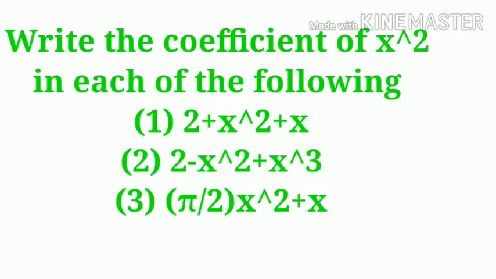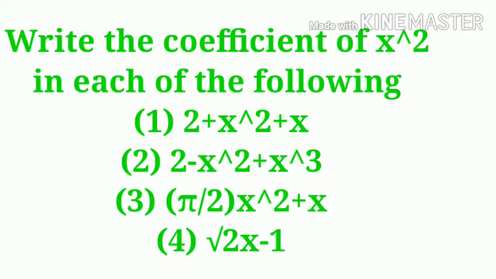Write the coefficient of x square in each of the following. In the first, see what is multiplied with x square. This is 1. In the second, what is multiplied with x square? That is minus 1. In the third, what is multiplied with x square? This is pi by 2.